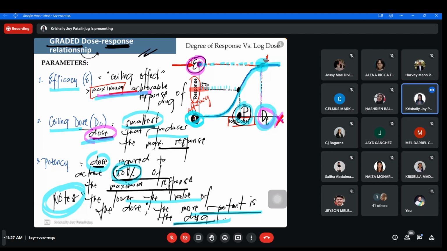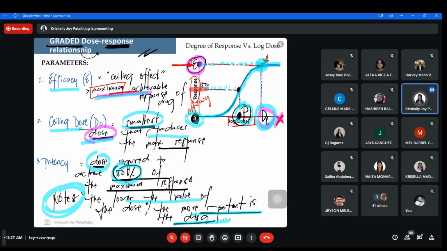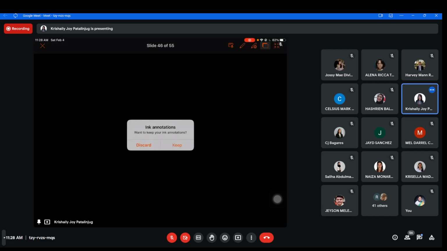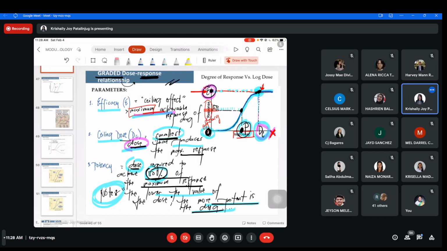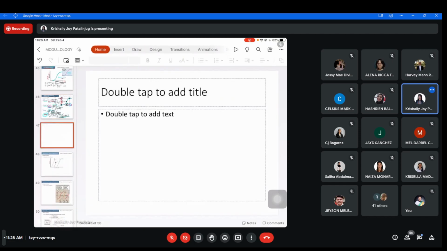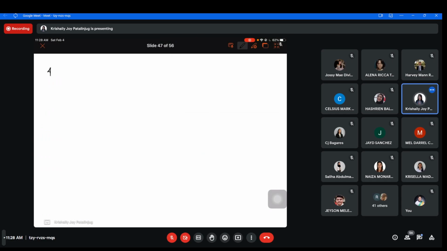Okay, let's resume. We have the fourth parameter, which is the slope. Number 4, slope.